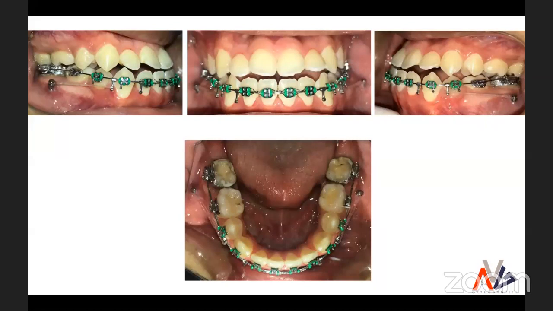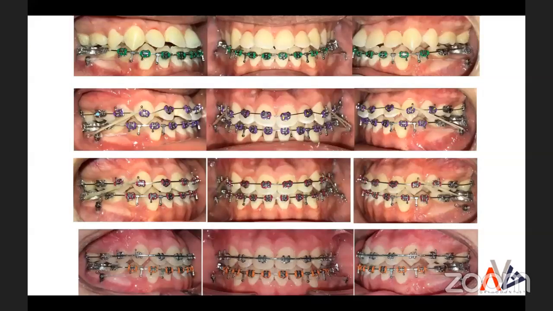The question is about when you're using buccal shelf in class 3 cases, we tend to get a lateral open bite. How to overcome this? See, one of the reasons why I start using two hooks is because, in my clinical evidence, no matter how stiff the wire, you still have vertical bowing.